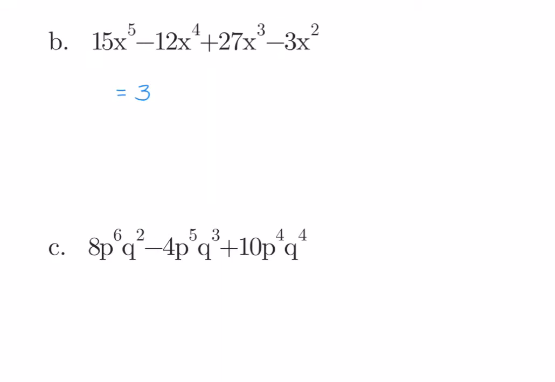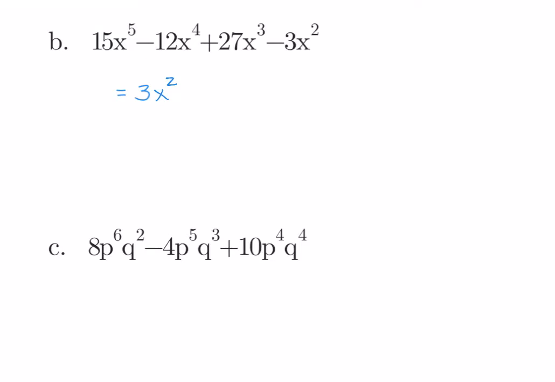Well, as I said on the last slide, we always pick the smallest exponent. If you have 5 x's, do you have at least 2? Yes. Same thing for x to the 4th, x cubed, and x squared. So we always go with our smallest exponent. So my GCF is 3x squared.